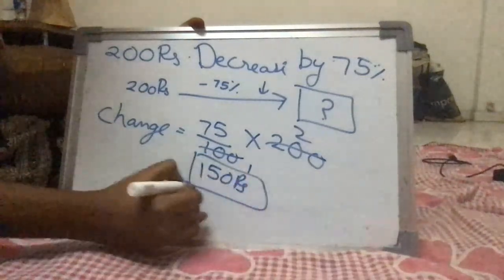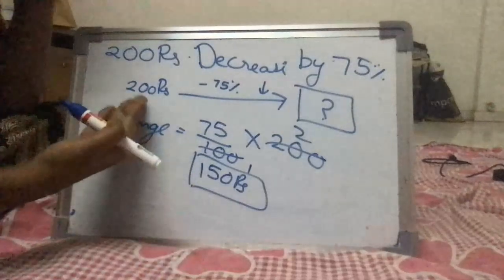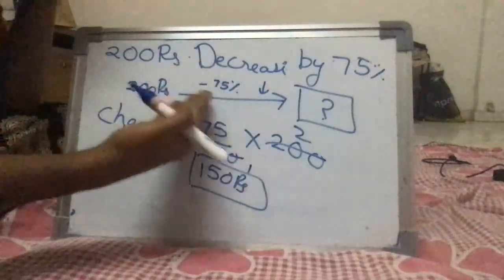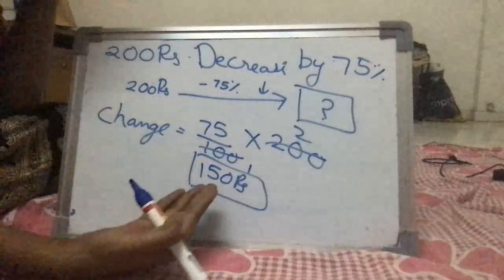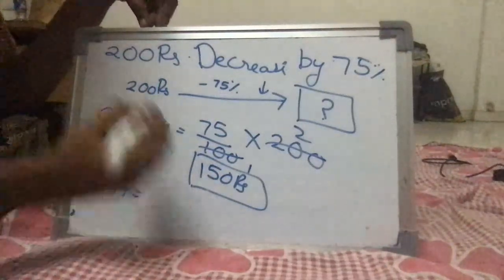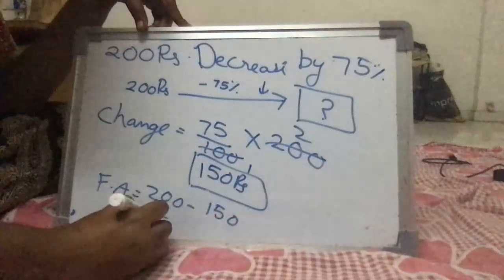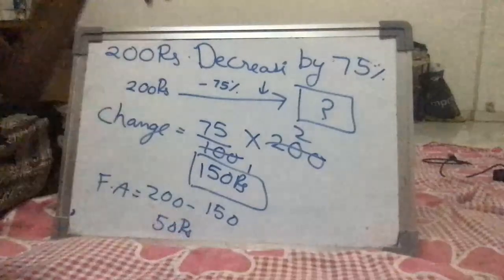This is the change. Is it increasing or is it decreasing? This particular amount is being decreased by 150. So what will be the final amount? The final amount is 200 minus 150, that is 50 rupees.